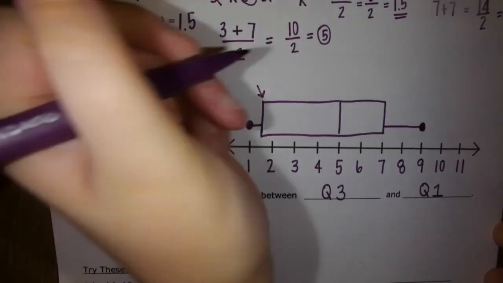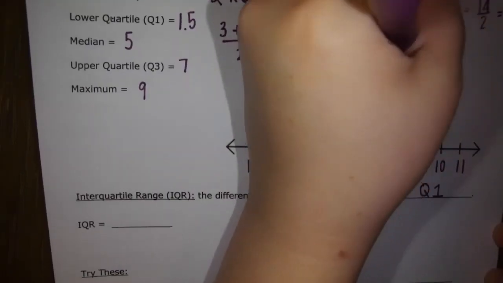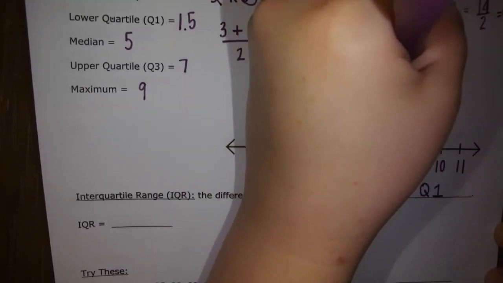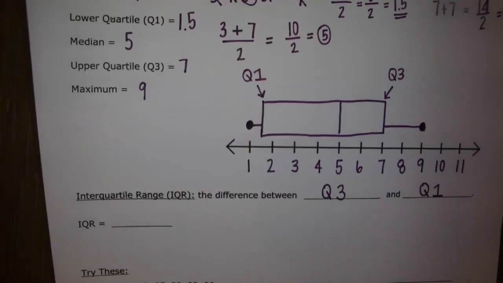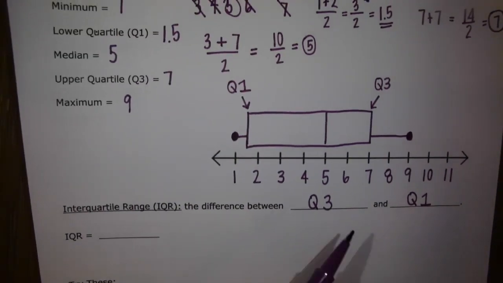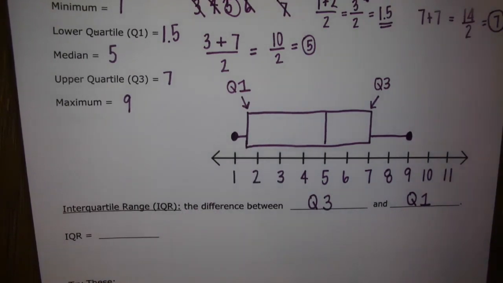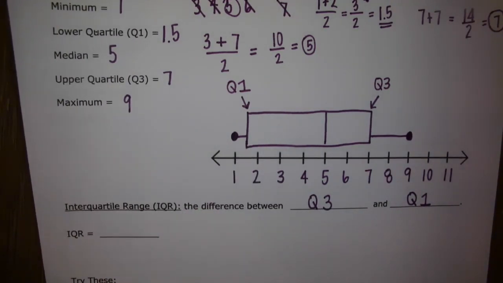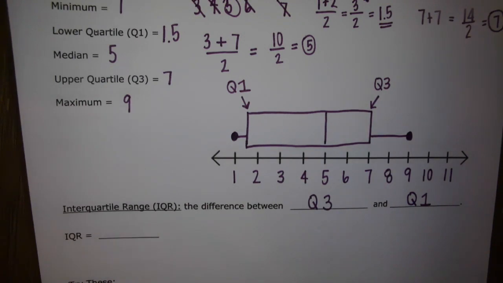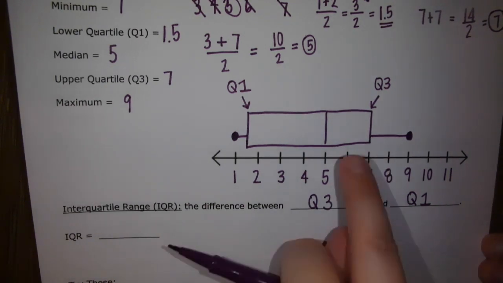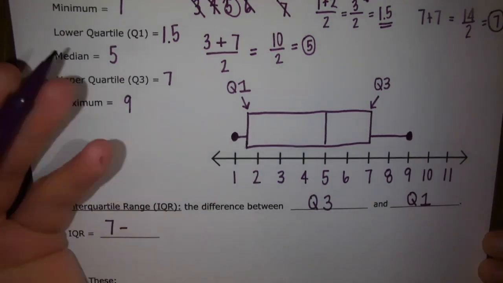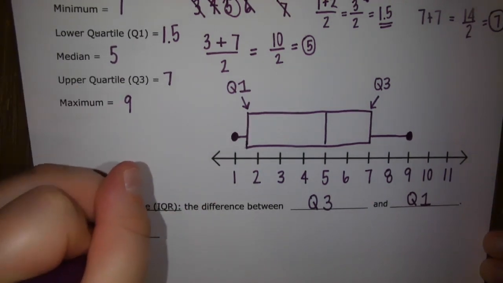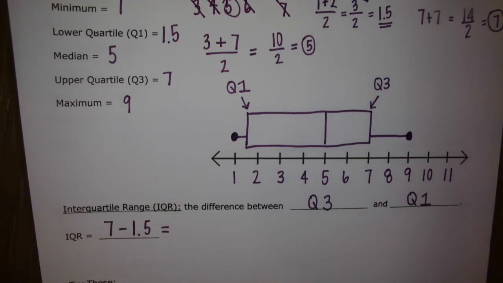Q3 and Q1 are those upper and lower quartiles. So when you're finding the difference between those 2 points, you really find out, well, how big is your box? So in this instance, looking at my box, my Q3 has a value of 7. My Q1 has a value of 1.5. So I'm going to subtract those 2 numbers.